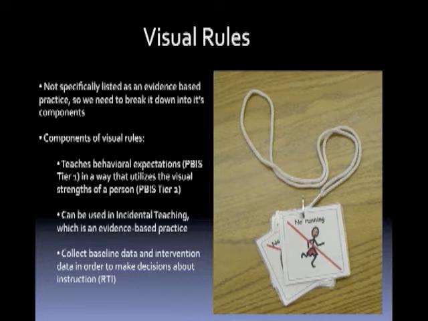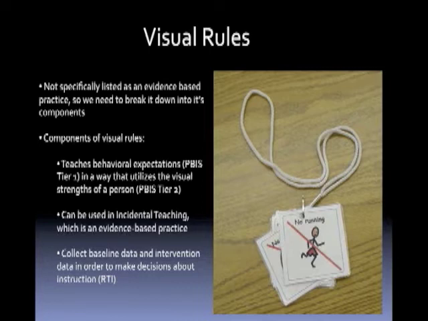Now we are using incidental teaching to teach the individuals we're working with to use the visual supports, the visual rules. Incidental teaching is also an evidence-based practice. So we know that that component of it is evidence-based. And then, like with all our strategies, we talked about how before we implement a strategy, we want to make sure that we collect our baseline data.